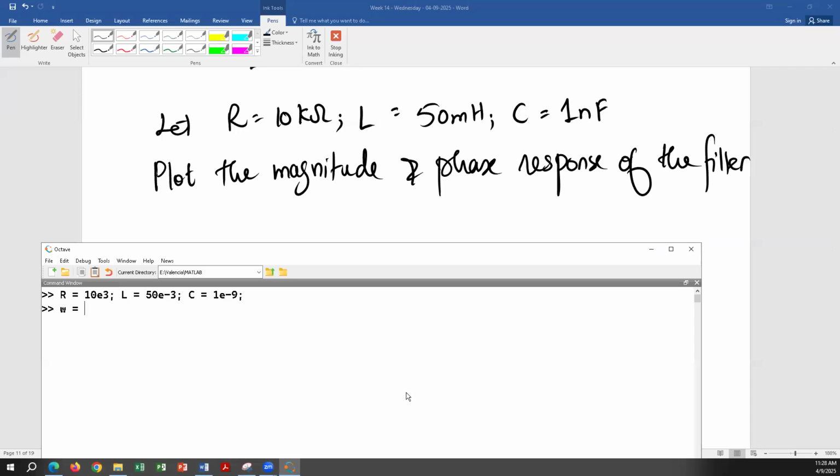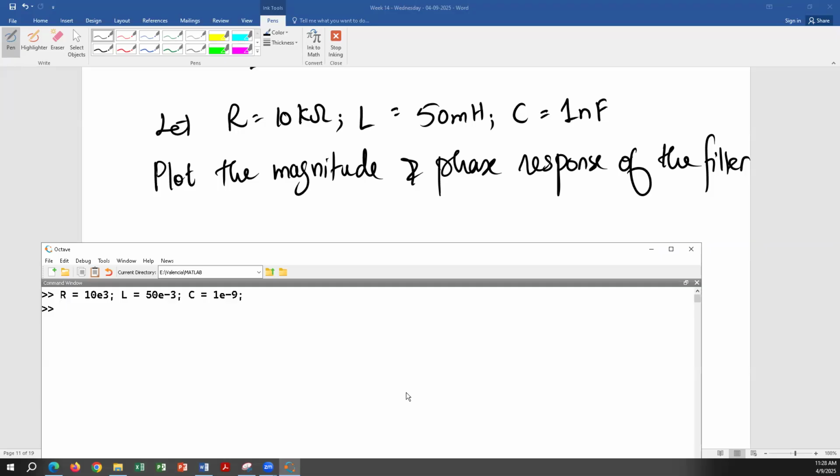Omega is equal to, again, I'm going to go from 0.1 to, or I can just define the f value since we are giving f. No, we are not giving f. We're going to calculate f from the response curve.